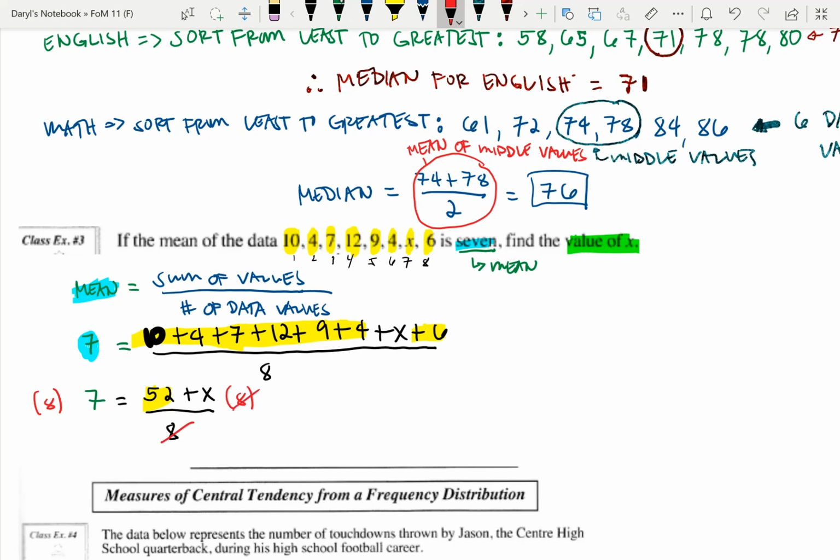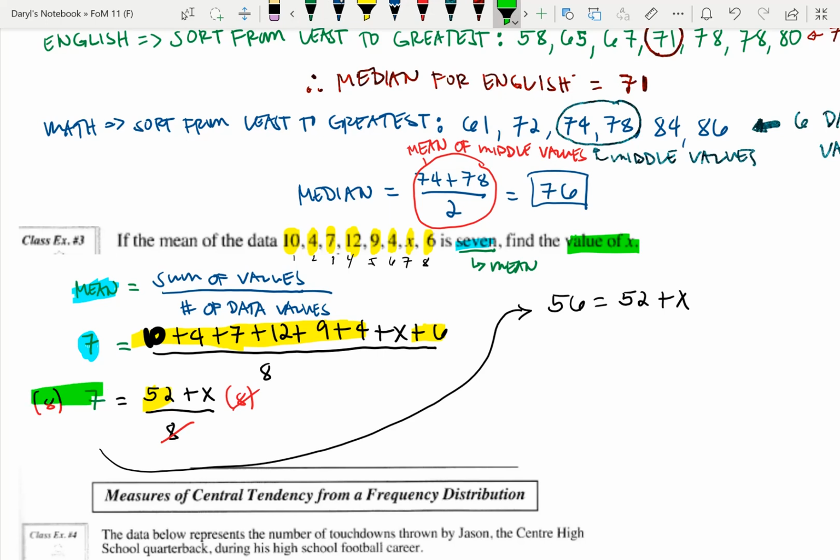Then 8 times 7 is 56, is equal to 52 plus x. Again, I multiply 8 also on the other side. That cancels out the 8 in the denominator.